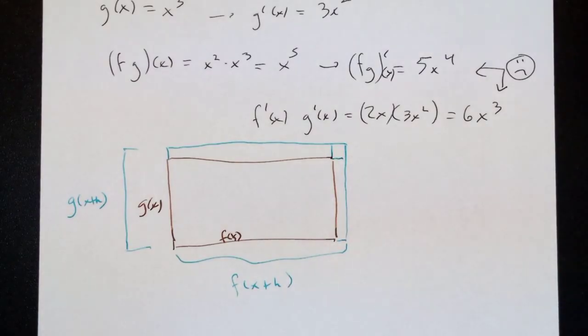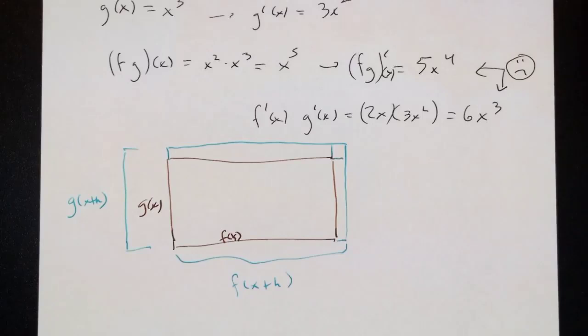One piece, the one over here on the right, what's its length horizontally? Almost, because those are outputs of f.